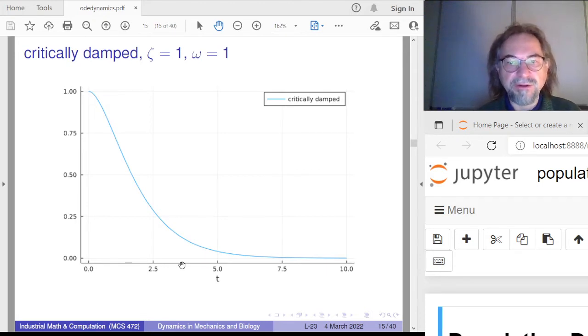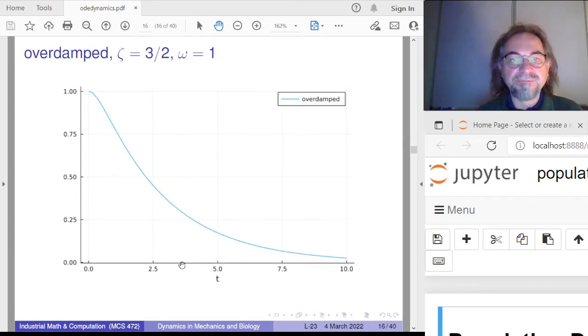In the critical value, we have a very nice decay where as time goes by, if time is expressed here in seconds, then in 10 seconds, the effect of the deviation is completely damped out. That's the critically damped. Then we have the over-damped. In a way, by over-damping, we go more gradually towards the equilibrium state of the original state.